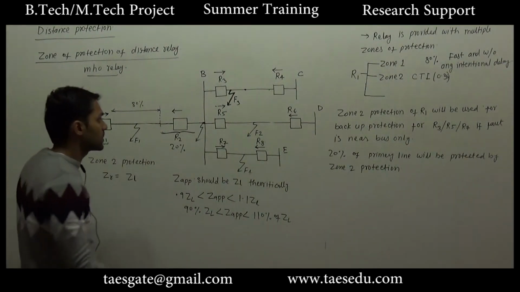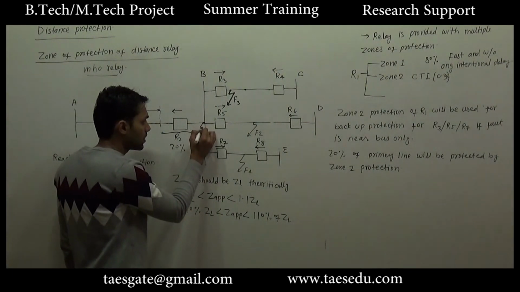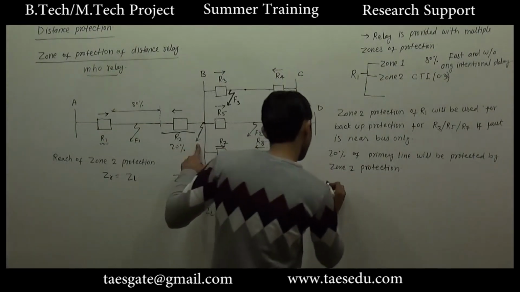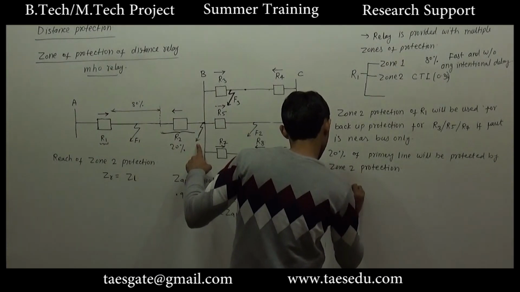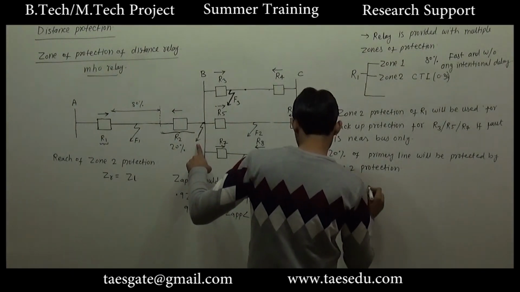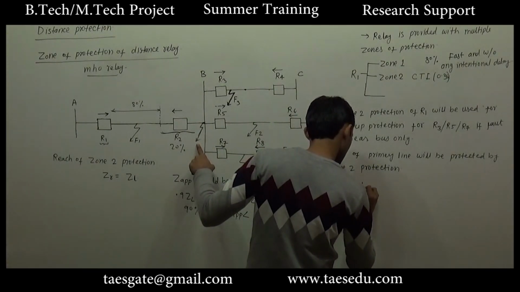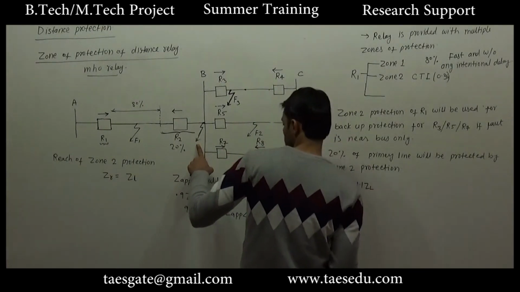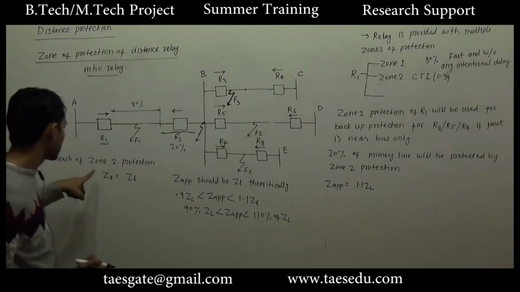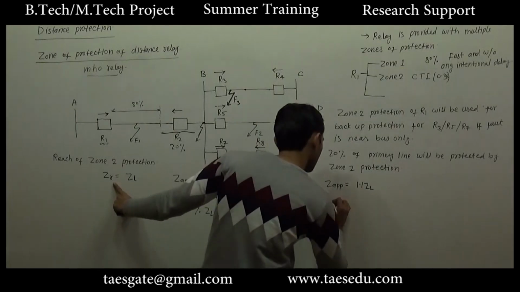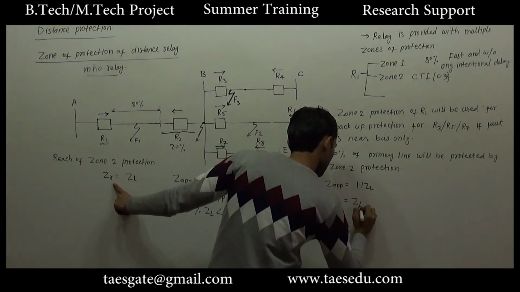Now let us consider a fault at this point, where Z apparent as measured by the apparatus is slightly greater than ZL. Let's say this is 110%, that is 1.1 ZL, and let's say the reach of zone 2 protection ZR is ZL only.